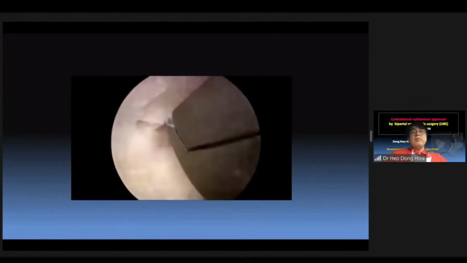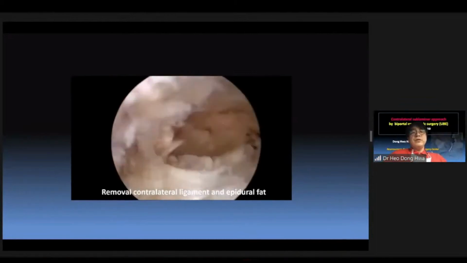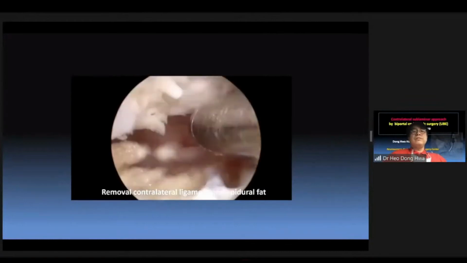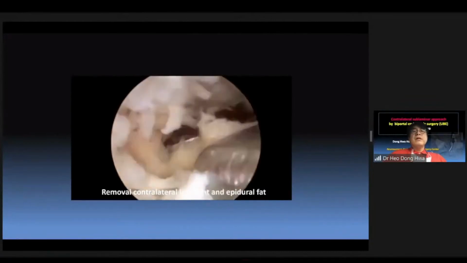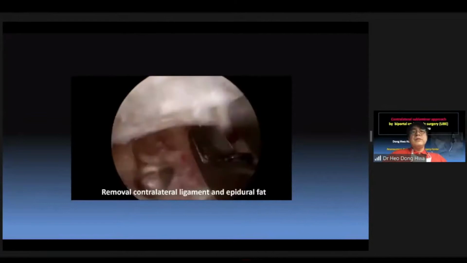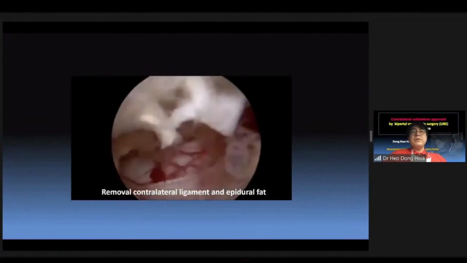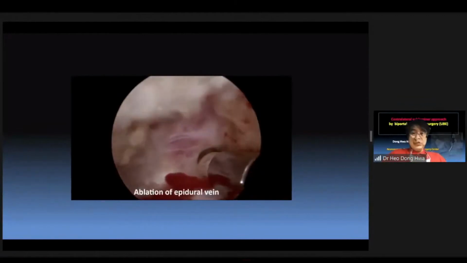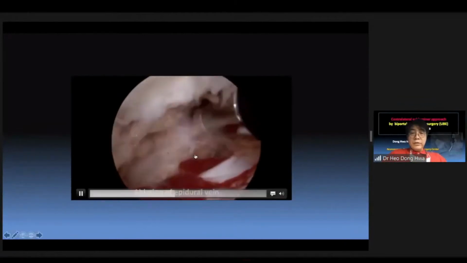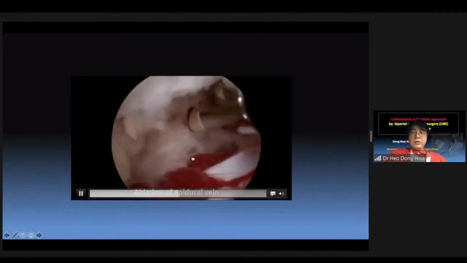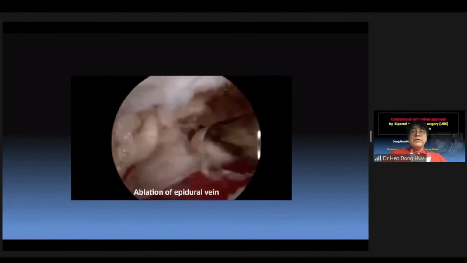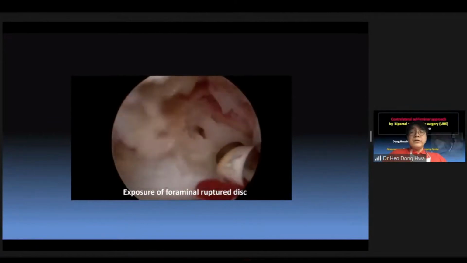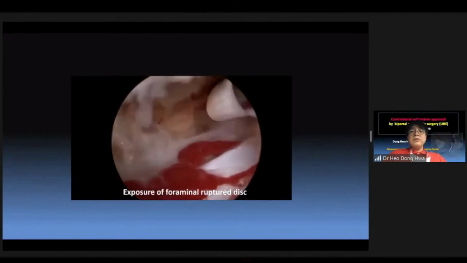Contralateral sublaminar bony decompression. And now I remove the contralateral ligamentum flavum and the mid portion of the ligamentum flavum. Now I partially remove the contralateral ligamentum flavum, and you can see the severe adhesion with the disc herniation, and you can see the disc herniation particle under the exiting lobule.